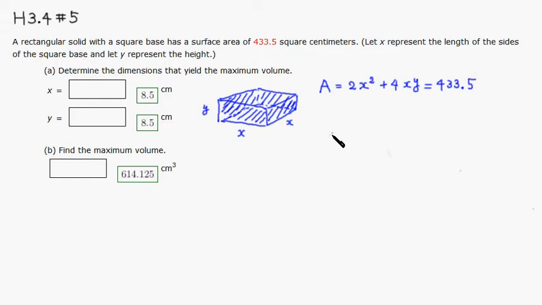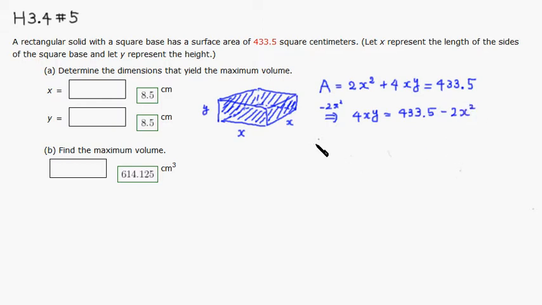From here we have a way to express y in terms of x. So basically solve this equation for y. Subtract 2x squared from both sides. You get 4xy is equal to 433.5 minus 2x squared.